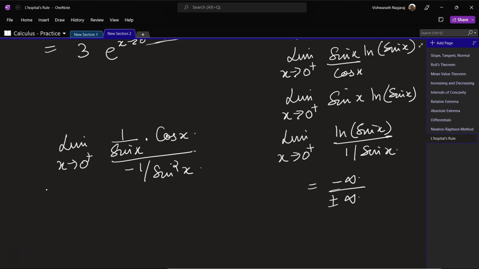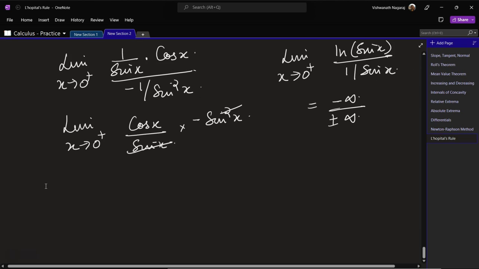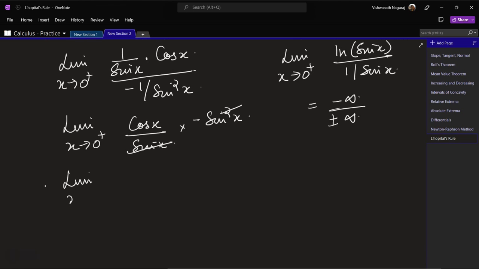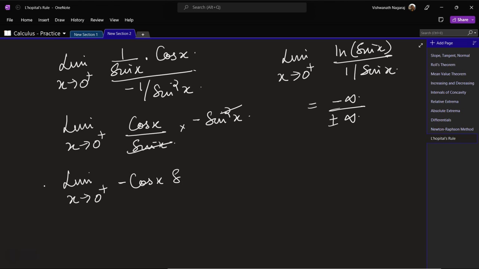Okay, now let's simplify this. As x approaches 0 from the positive side, cos x by sin x times the reciprocal of this, so minus sin square x. One sin x and one of this gets cancelled, and we end up with the limit as x approaches 0 from the positive side of minus cos x times sin x.